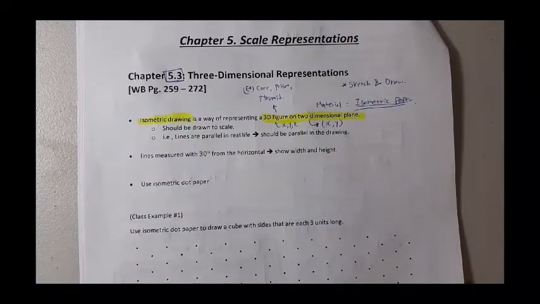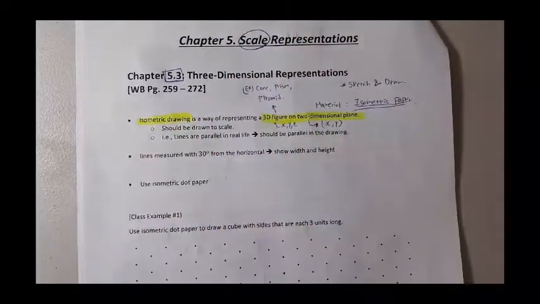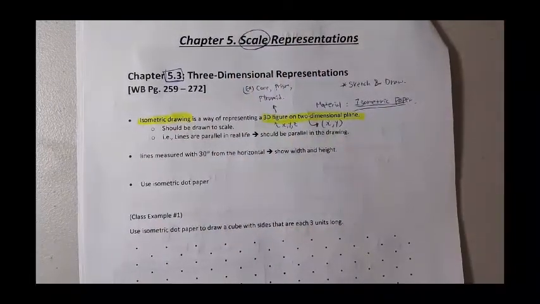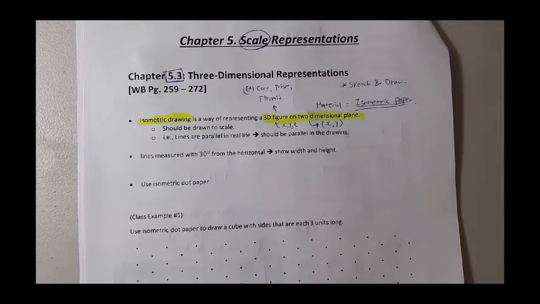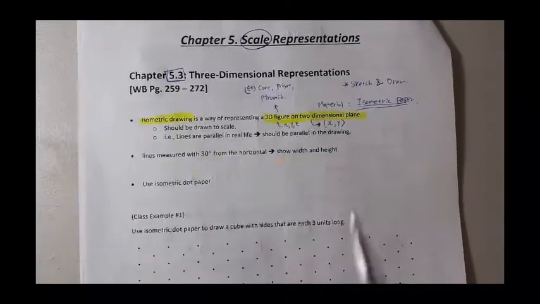Of course, as our main title says, scale representation, we are going to draw everything to scale. Ratios may be involved, and when it comes to the drawing part, those ratios will still be applied to our drawing. And lines should be parallel.